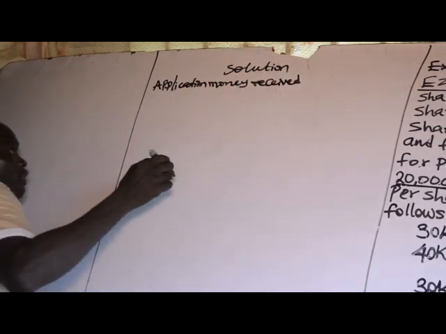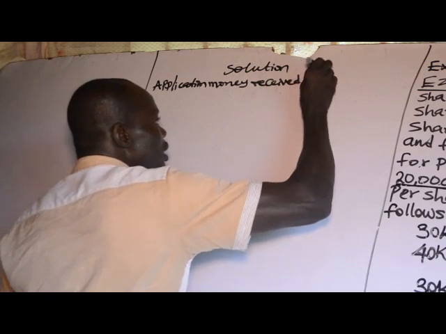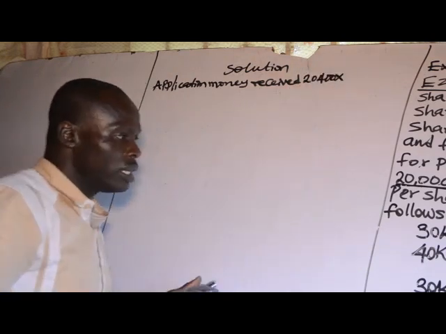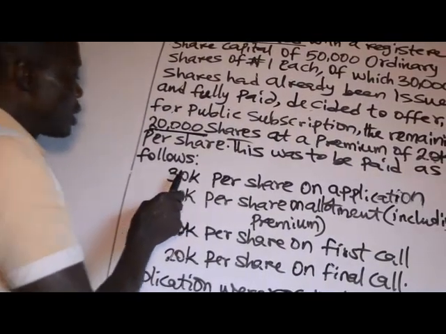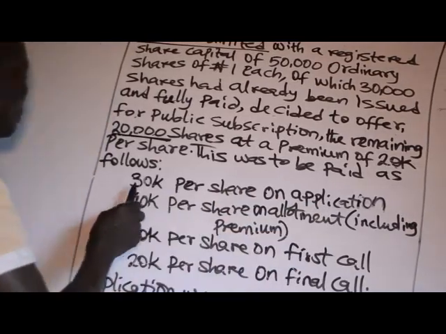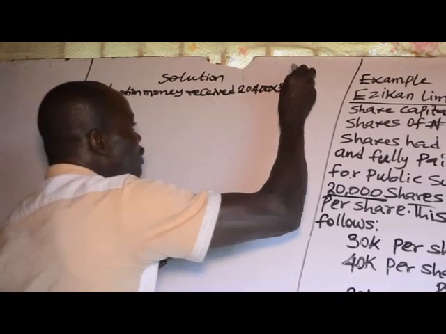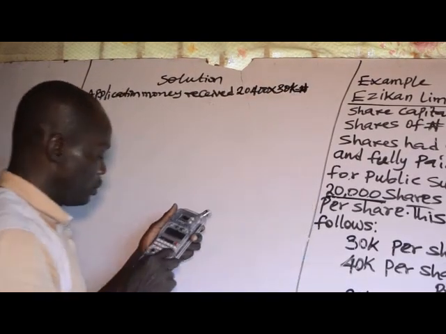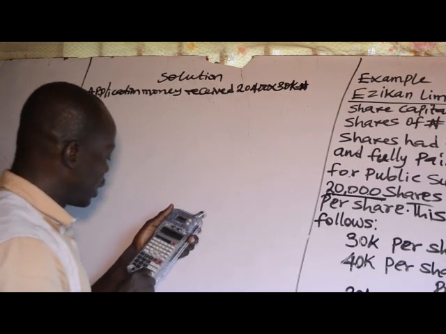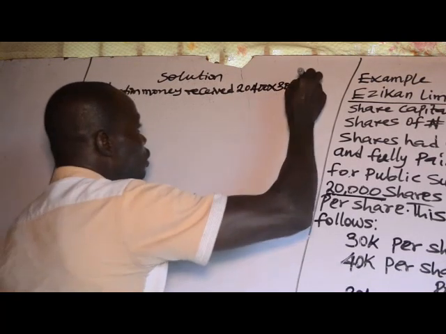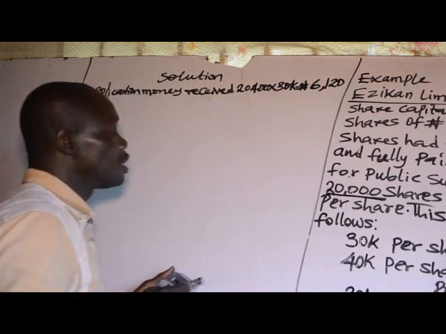They received applications for 20,400 shares times the amount payable on application, which is 30 kobo per share. So 20,400 times 30 kobo gives us 6,120. The amount received on application is 6,120.